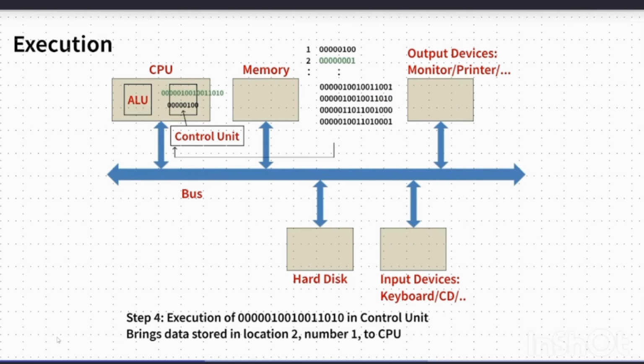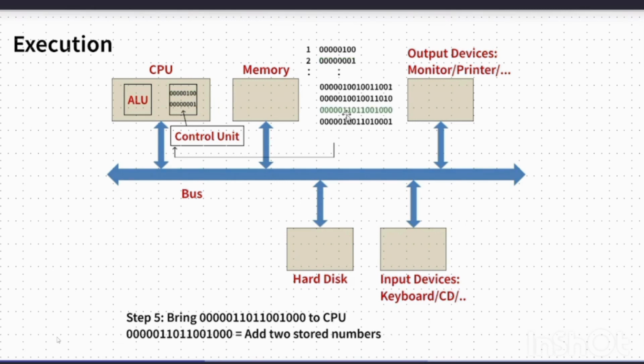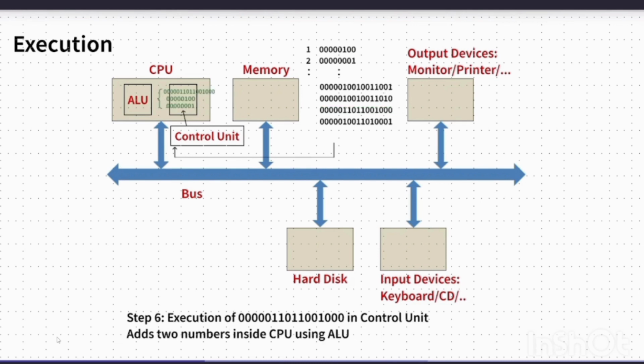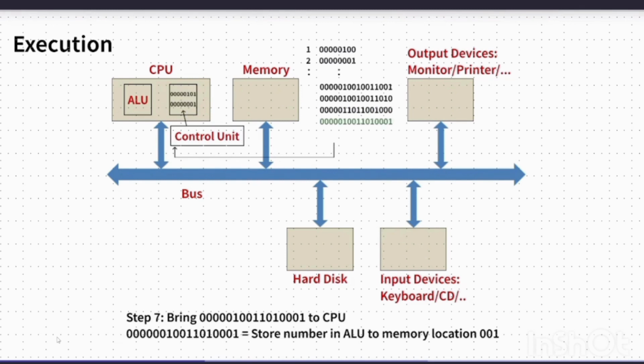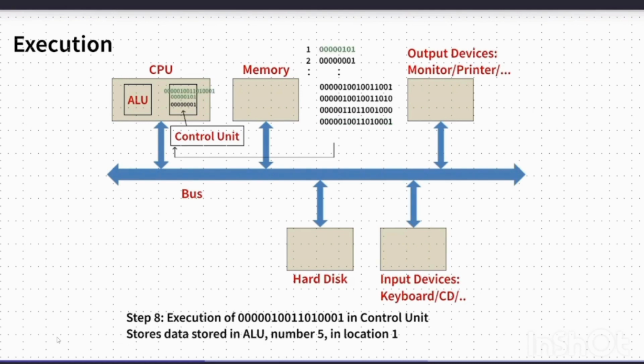And now you can see that this statement is being executed. The two values are being added, and the result is also sent to the CPU and stored in the location 001. This is how execution occurs in a CPU.